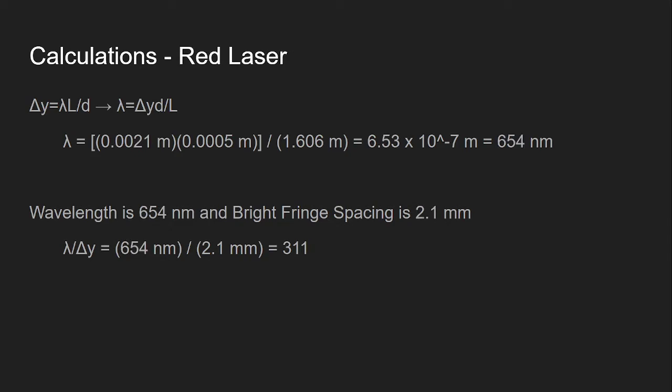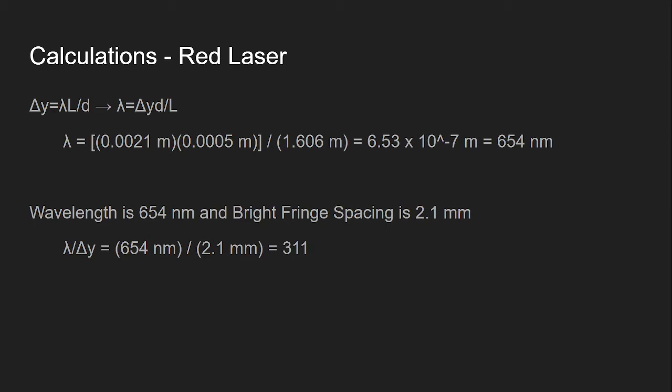Moving to the red laser, we had 0.0021 meters times 0.0005 meters divided by 1.606. That gave us 6.53 times 10⁻⁷, or 654 nm. So the wavelength we calculated for the red laser was 654 as opposed to the 700.